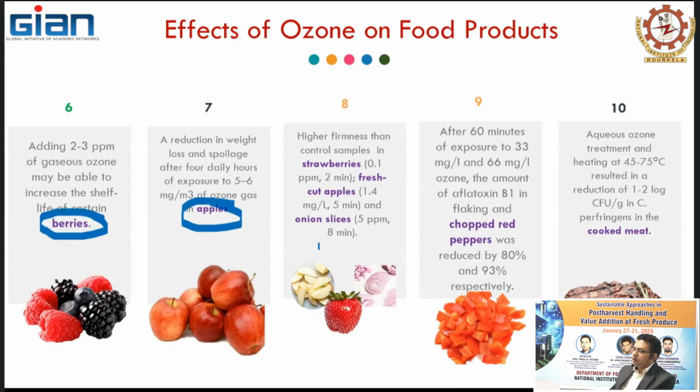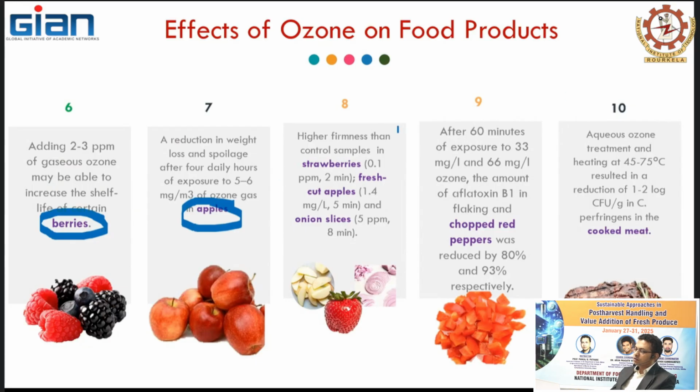Then another challenging part with this, for fresh produce with the uncut one, it is commonly used, but again the challenges come when we look at the cut one. The oxidation process and biochemical changes happen very fast, and controlling them is also challenging.